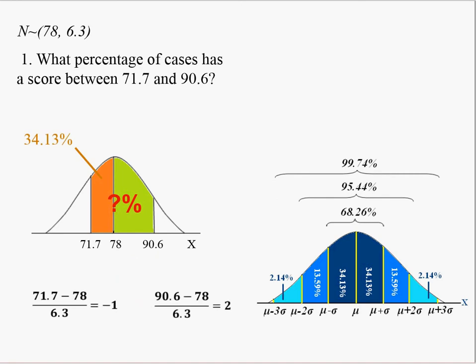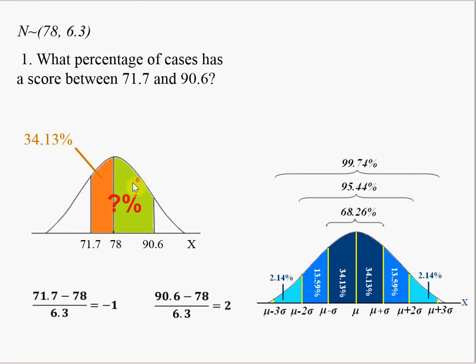That is two standard deviations, and the positive sign means it is above the mean. So two standard deviations above the mean should have half of 95.44%, which is 47.72.